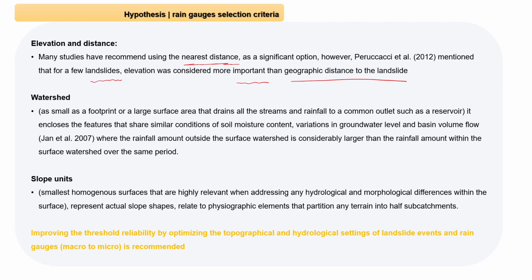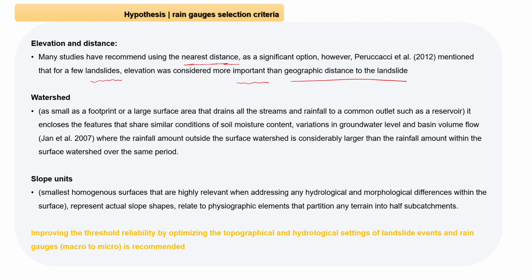I'm talking about the case where we have large landslides or huge basins, or they have significantly different elevation. But in small landslides, like a 10 meter body of the landslide, the watershed is considered to be a very small area, maybe 400 square meter or 1000 square meter. This is not a huge area that you can say the watershed can differ from the neighbors. I'm talking about the huge watersheds.